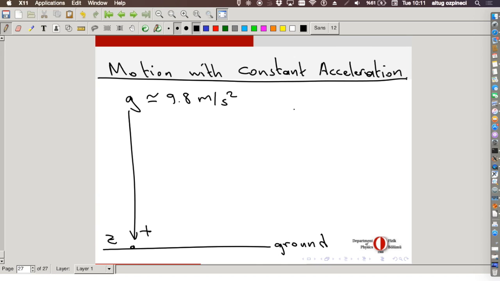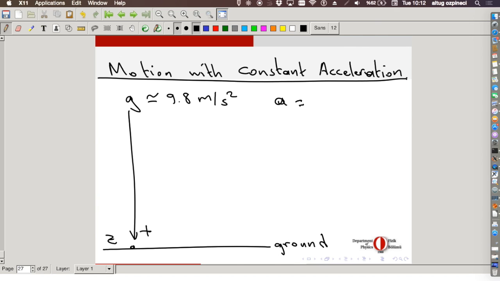What's the acceleration of my object? Plus g or minus g? Who says minus g? First it's going up, or does it matter? Yes or no? You define the direction. So this is the question.